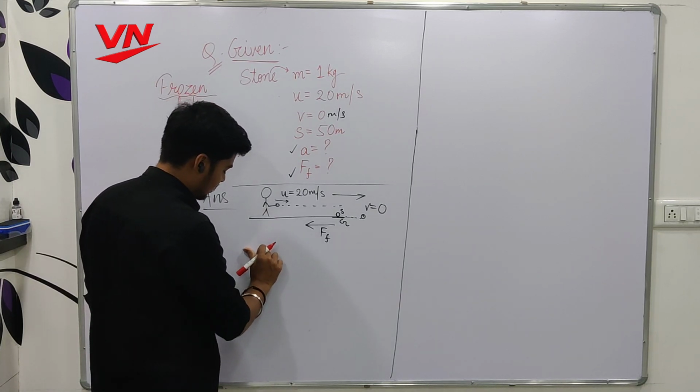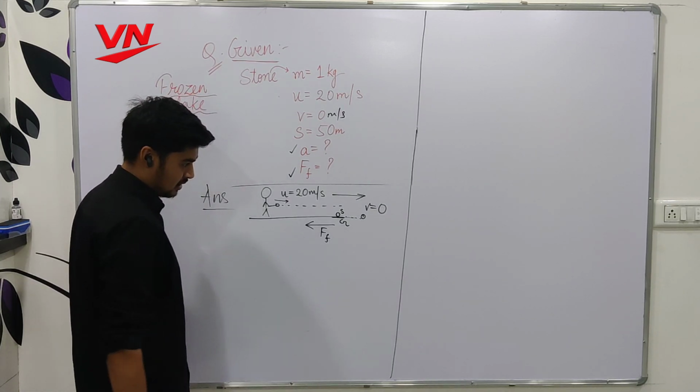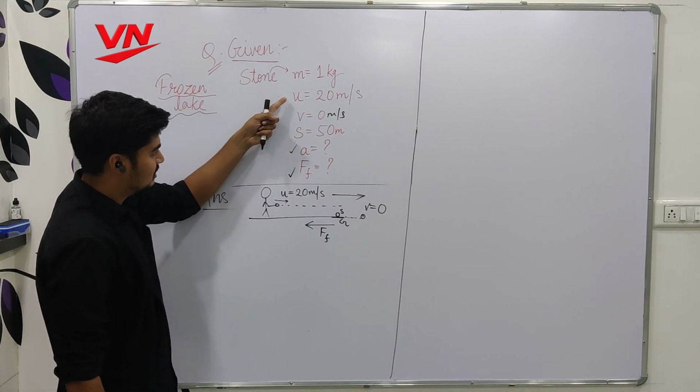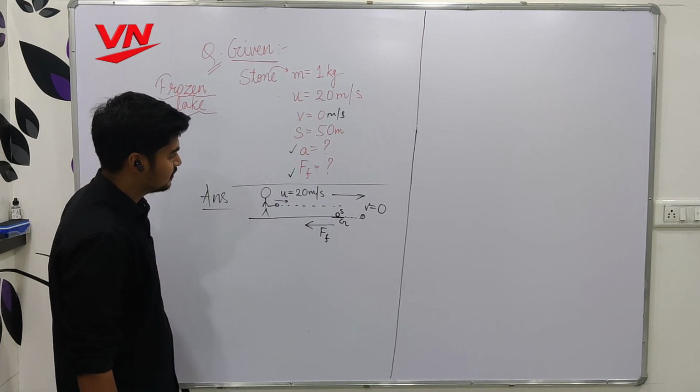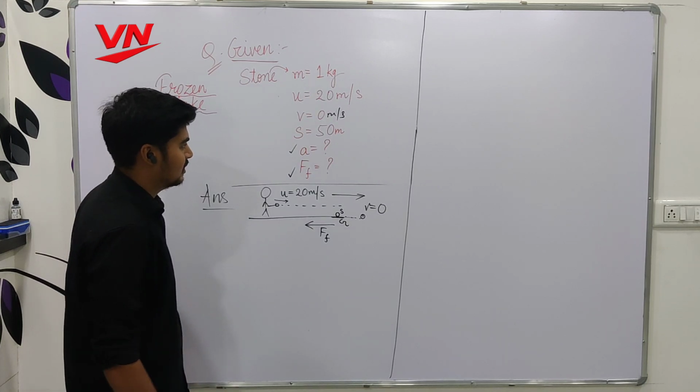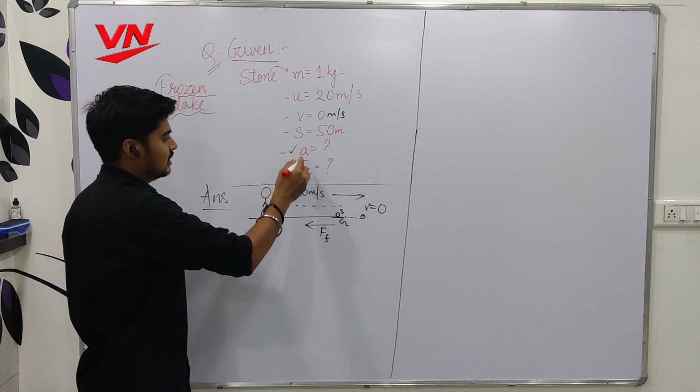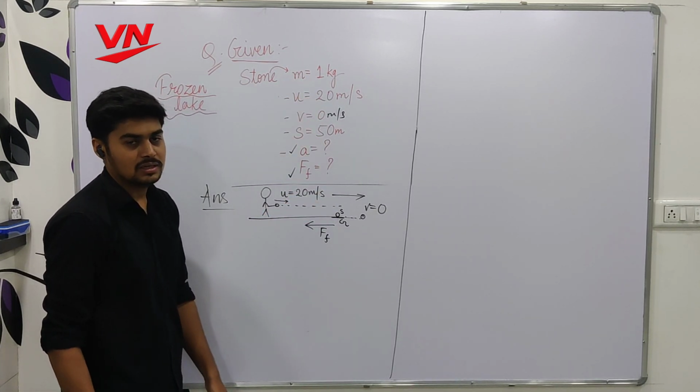So which equation of motion will I use? Let's try to find out. As initial velocity, final velocity, and displacement are given, and I need to calculate a, only these things are needed. These we will not use here.